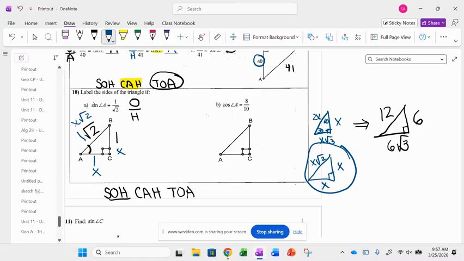All right, now let's do letter B. It says the cosine of angle A, so it's now all in reference to angle A, is 8 over 10. Well, cosine is CAH, which means adjacent over hypotenuse. Maya, which side am I labeling 8?